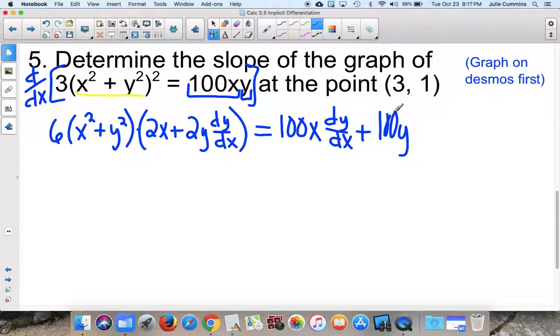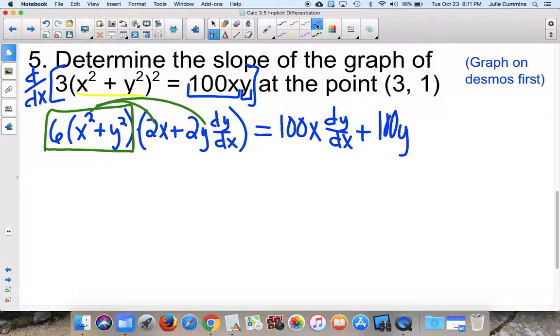Let's see, what are we going to do with this? I think we need to get all the dy/dx's together. So this is kind of a unique thing. What I'm going to do is take this whole thing and distribute it here and here, okay?